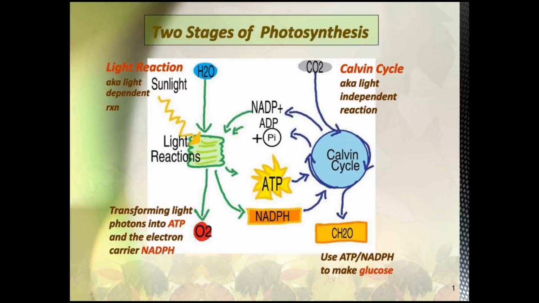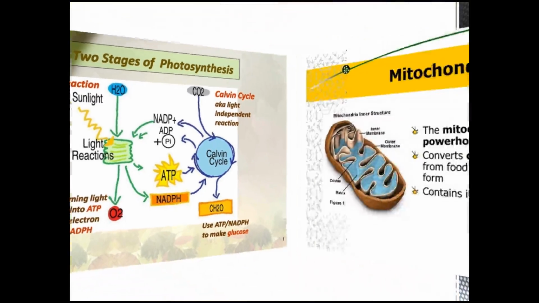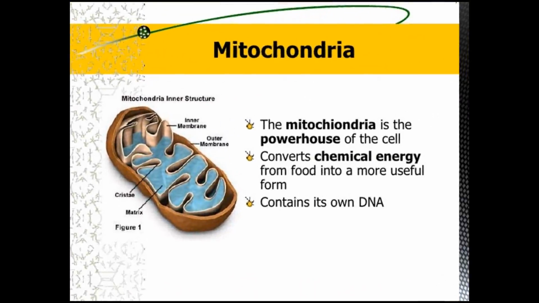H2O is given to the light dependent reaction and oxygen comes out. After that it gives ATP and NADPH. In the Calvin cycle, carbon dioxide goes inside and glucose is obtained. After that NADP and ADP are obtained. Have you understood, children?